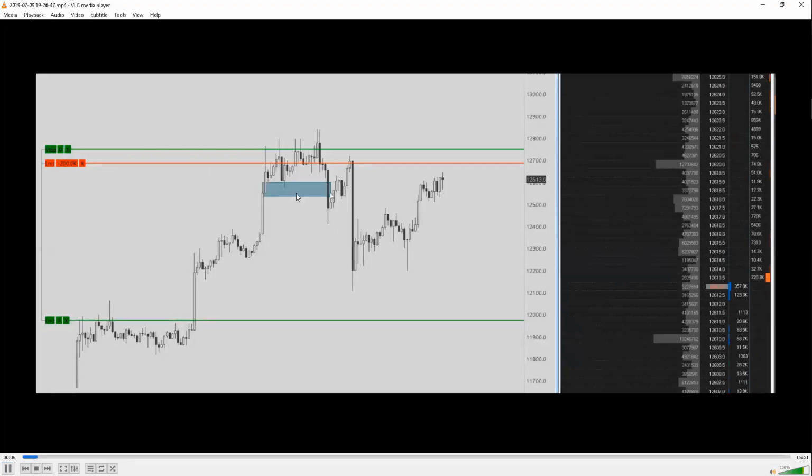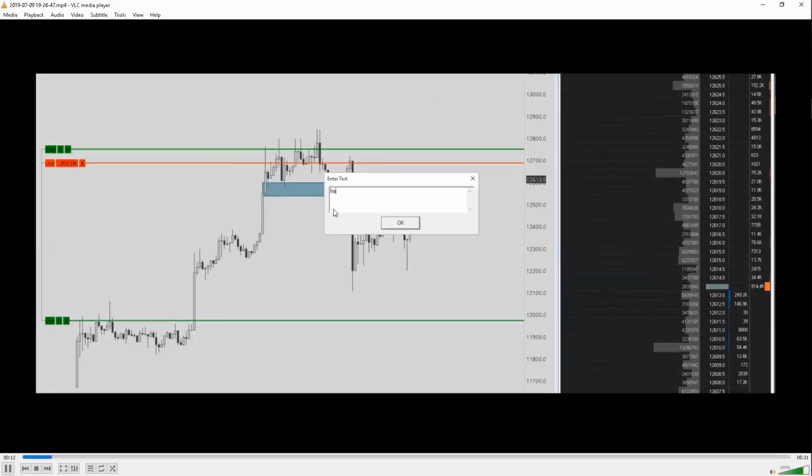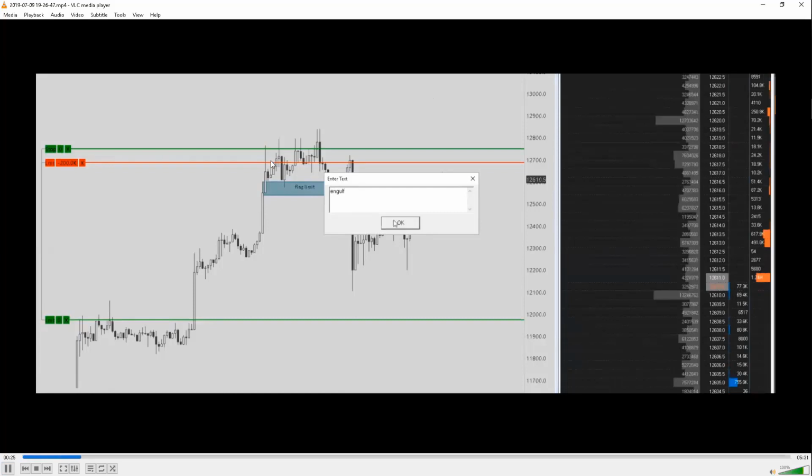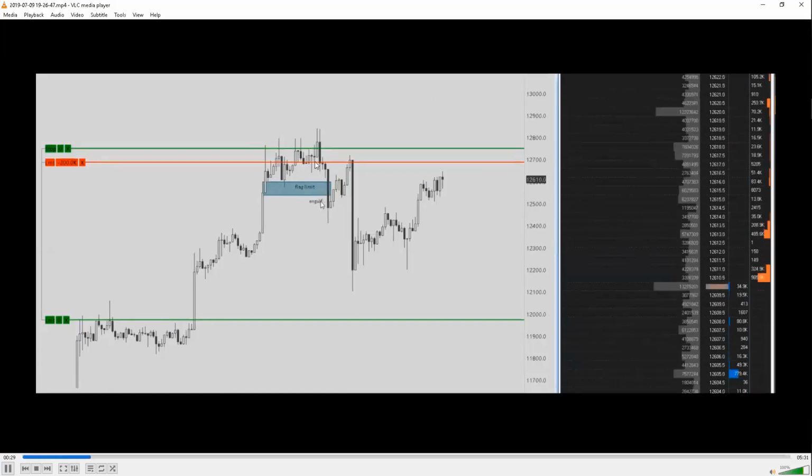Right. So I was looking to take this trade yesterday and just marked it out to illustrate my thought process. So price is flagged out on top of this structure, which is your flag limit.